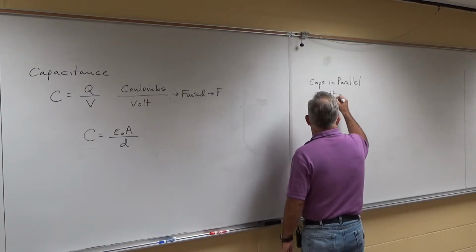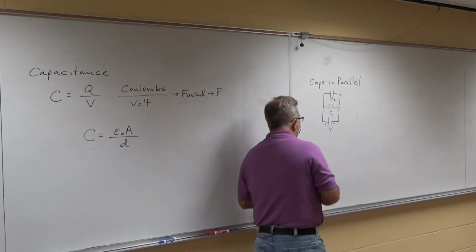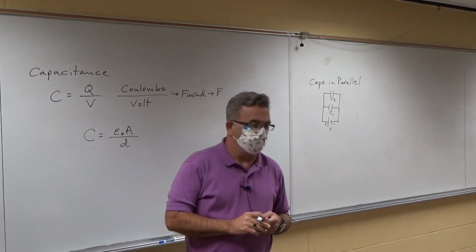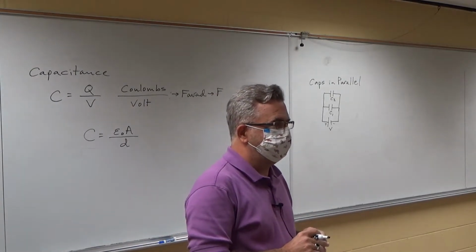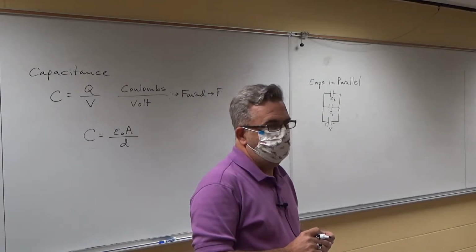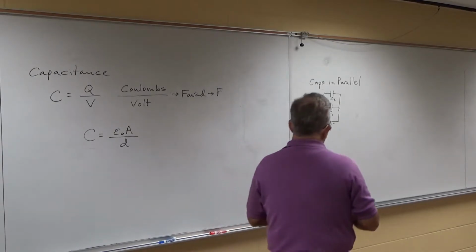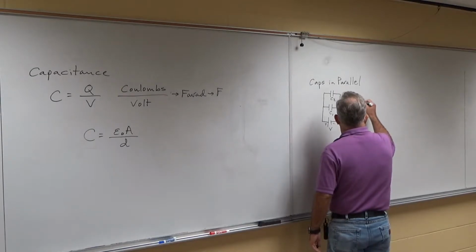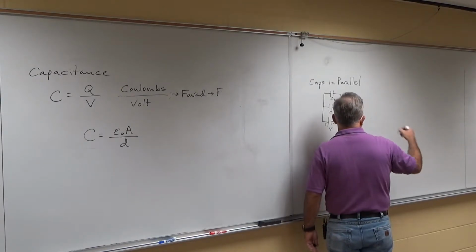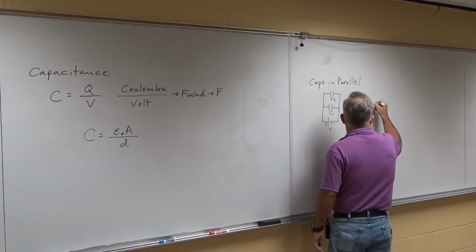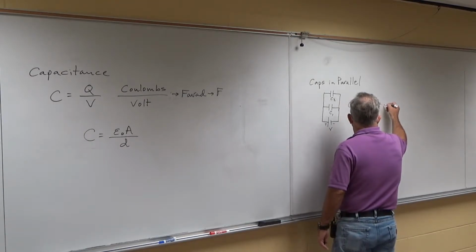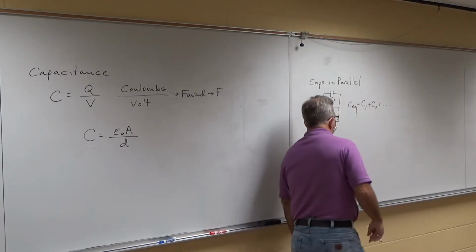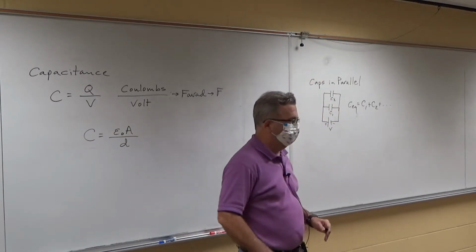Here's C1, here's C2. To find the equivalent capacitance for caps in parallel, you just add them up. So it's the opposite of resistors. For resistors in parallel, you have to do the 1 over thing. So C equivalent is C1 plus C2 plus ... as many as you have in parallel.